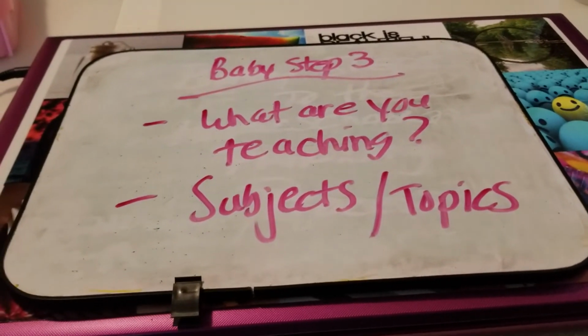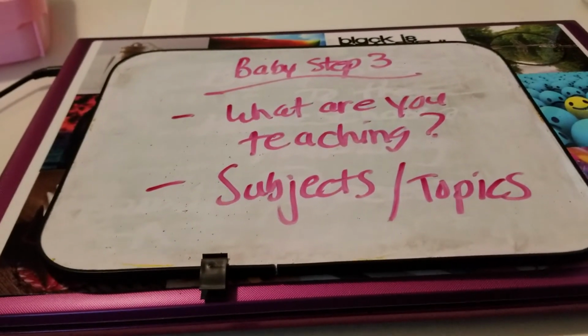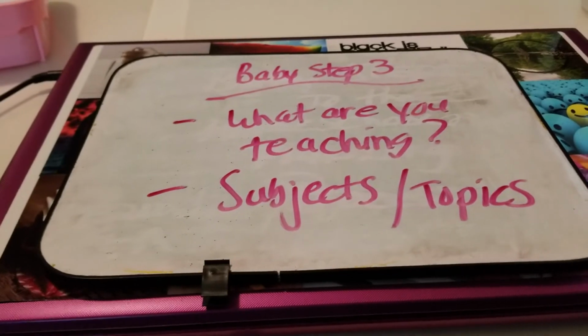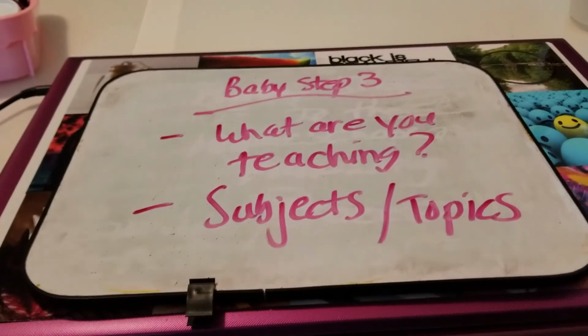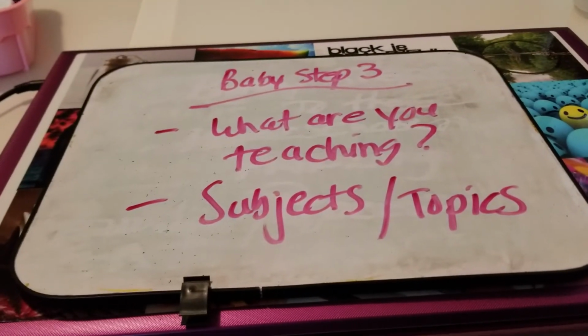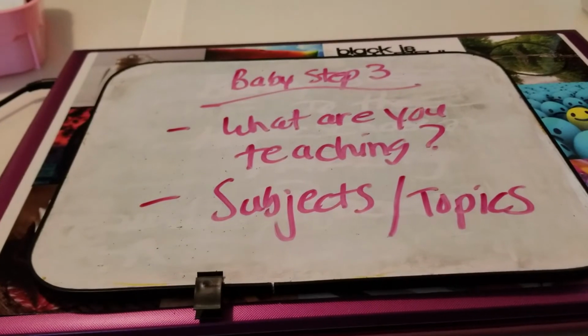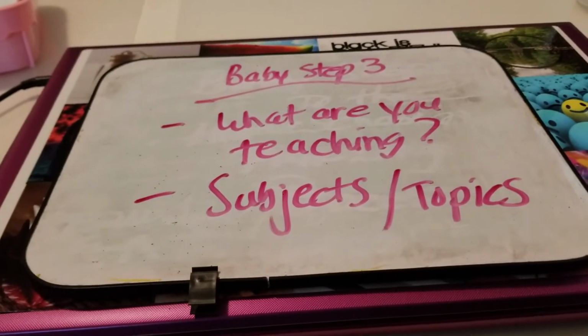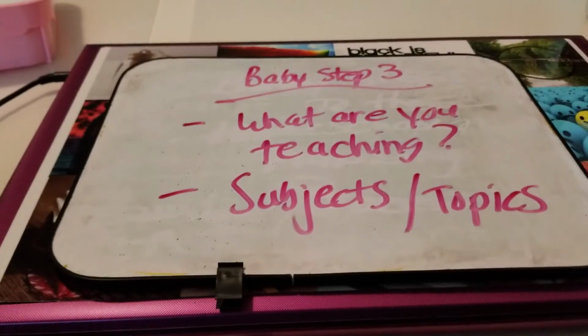Okay, so I hope this video was helpful and I hope it was beneficial to you. What I'm going to do is I'll do a separate video on the next few steps. And I'm doing this because I want you guys to really take your time and think about this information and jot it down. Don't rush through it. Baby steps 1, 2, and 3 are really important.